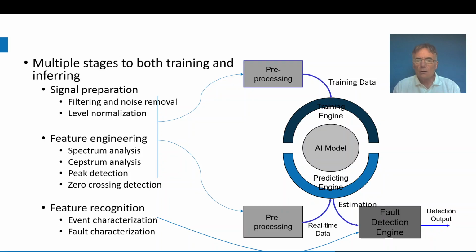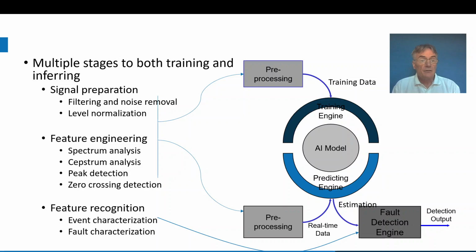We have an AI model that we can deploy on different systems, and we need to pre-process that data for both training the neural network, the model, and when we come to predicting the classes of, in this case, vibration that we are going to be looking at.